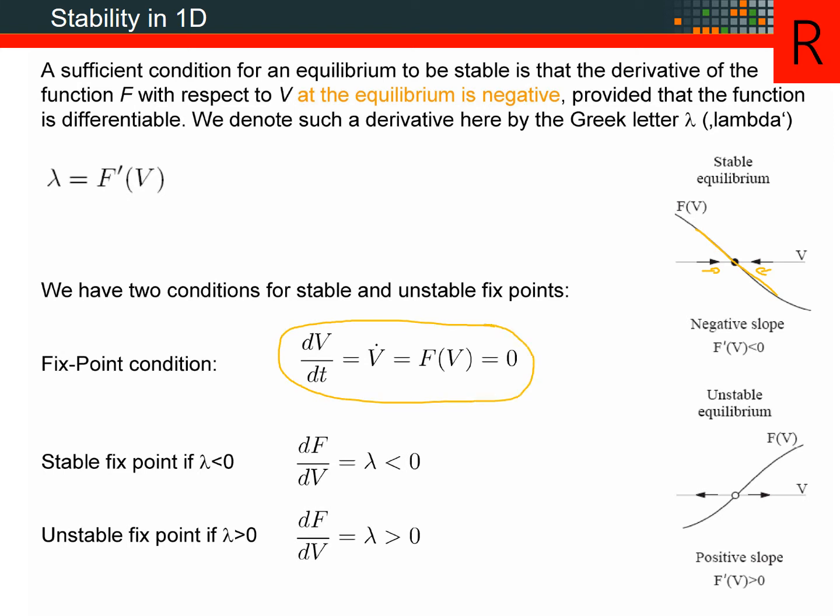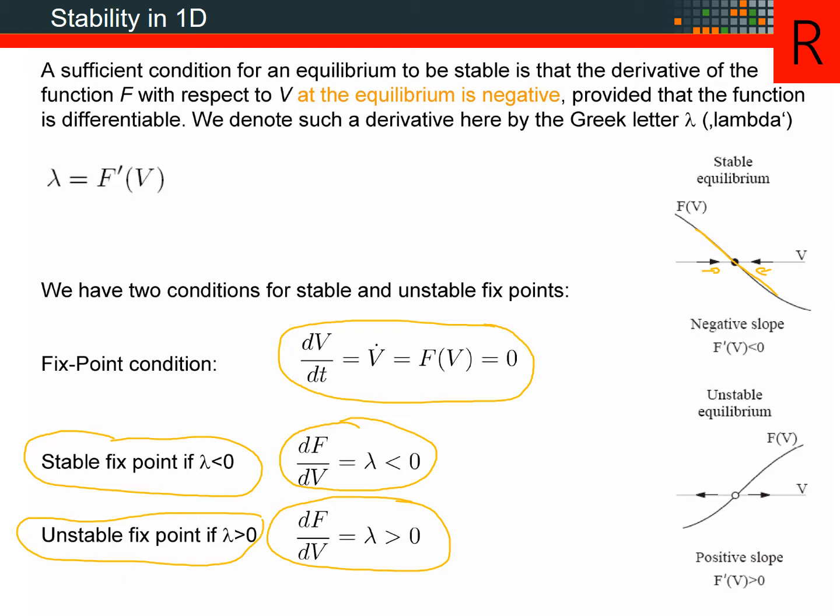That is equivalent to looking for the zero crossings of f of v, and at all zero crossings we compute the derivative of f of v at this very same point, and that means we compute the slope, the first derivative, and we are looking whether the slope is negative. If the slope is negative, we identify that as a stable fixed point, and if it's positive, then we identify this as an unstable fixed point, corresponding to the figure on the right hand side.